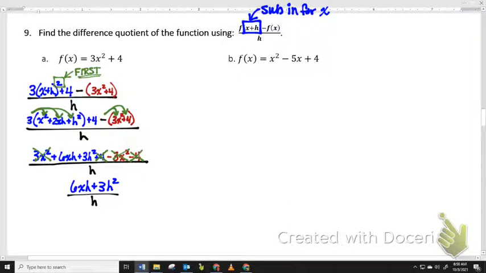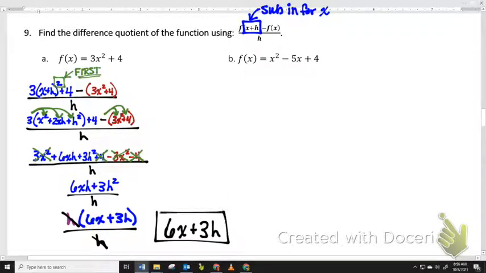So I'm only going to take the h out. That would leave me with h times 6x plus 3h, all over h. Do I have 2 factors that are the same? Yes. So I can cancel those h's, and that would leave my final answer as 6x plus 3h.